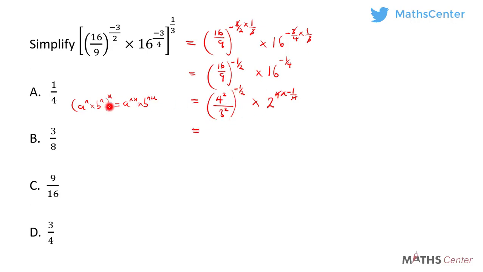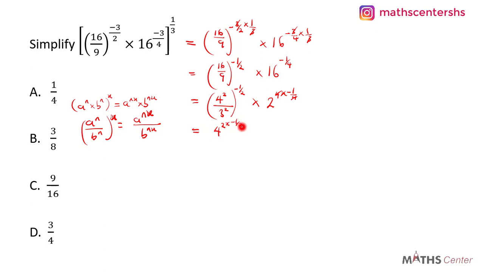In the same way, just as we did here, if we have a exponent n divided by b exponent n, and all of this is exponent x, we can distribute the exponent x, and that will give us a exponent nx divided by b exponent nx. So if we apply the same thing here, then this will give us 4 exponent 2 times negative 1 divided by 2, divided by 3 exponent 2 times negative 1 divided by 2.